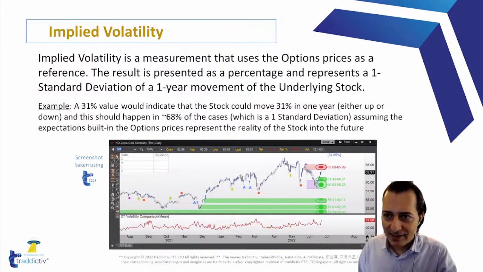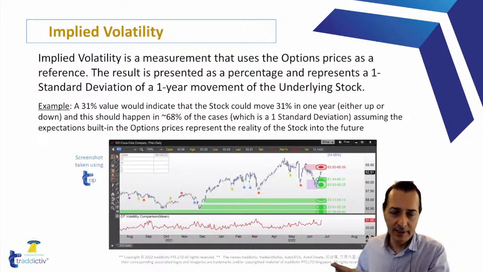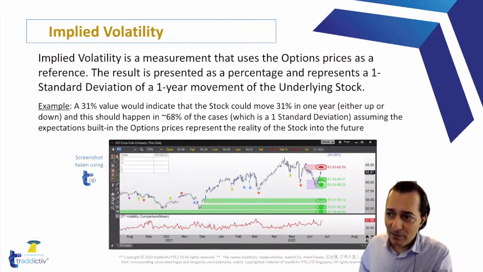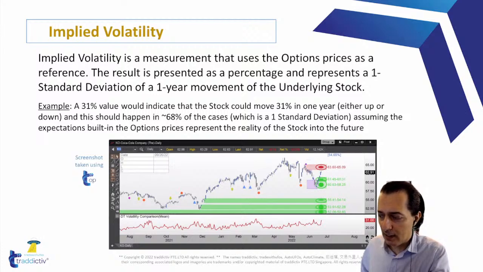Take a look at implied volatility. The implied volatility is another volatility measurement. It's also a percentage. You can see below with a red color, you have Coca-Cola stock pointing at 31% volatility. Okay, right next to my right eye, right there, 31%, isn't it? So what does that mean?